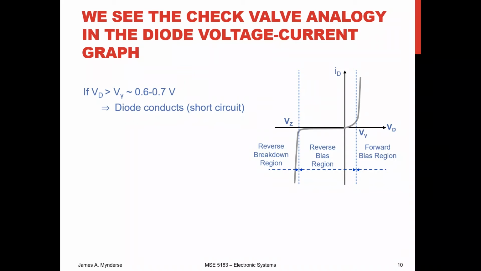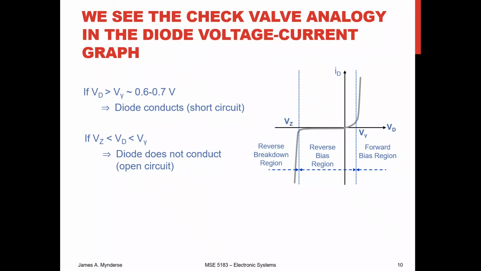It's almost perfectly vertical, which would tell us that we've got infinite current available through there, which is a short circuit. If we're in the reverse bias region between VZ and VY, then we get almost no current, and in that case, we think of it as an open circuit. That's where it's not conducting. Those are the two regions that we normally operate in. Either we are short circuiting it or we're open circuiting it.